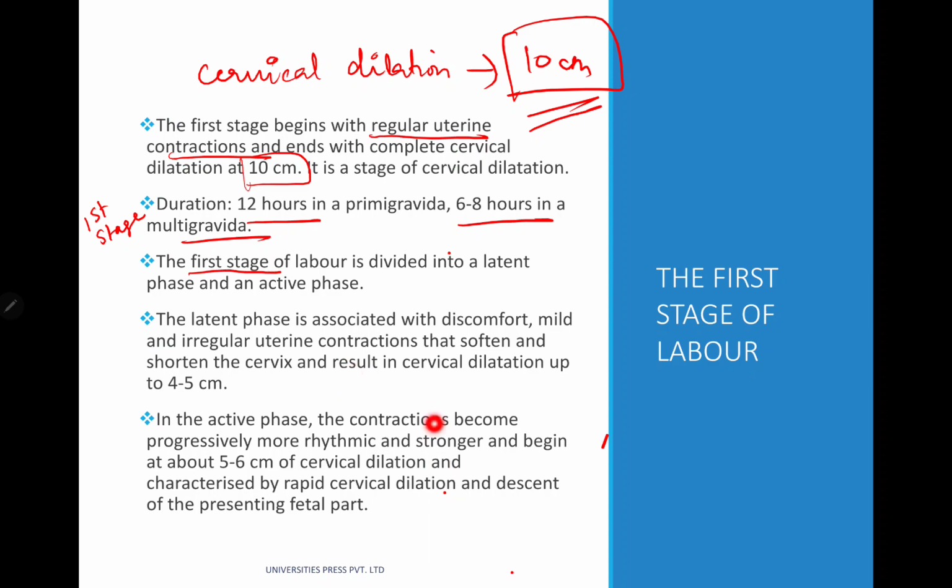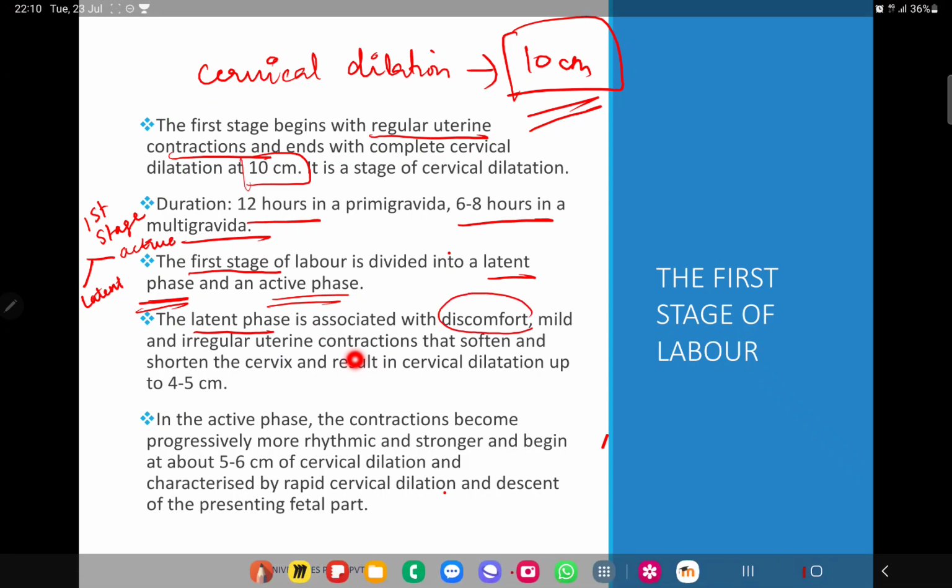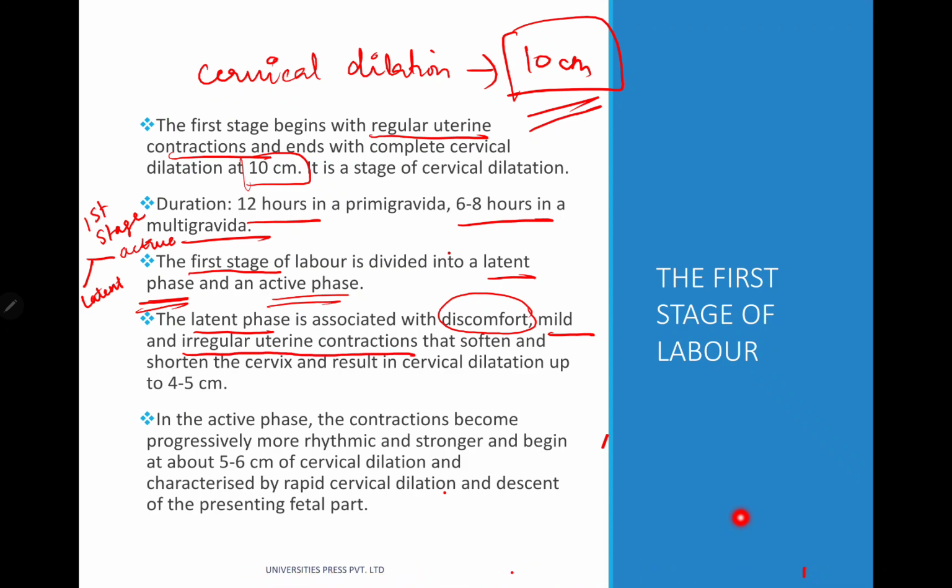The first stage of labor is divided into a latent phase and an active phase. Very important, guys. Latent and active. So what is this latent phase? The latent phase is associated with mainly discomfort, mild and irregular uterine contractions that soften and shorten the cervix and result in cervical dilatation up to 4 to 5 centimeters.